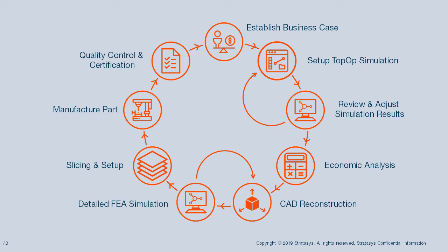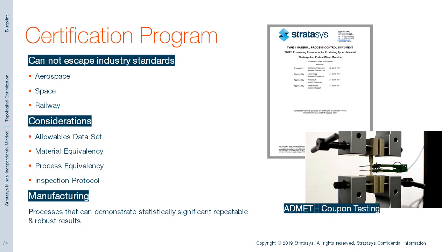Before we go any further, however, we should start this story with a brief look at quality control and certification, because for many industries, without this, no matter how optimized your design, if you don't have this kind of documentation, you're going nowhere. Industries such as aerospace, the space sector, or the railways are quite rightly extremely tightly regulated in their operational processes to protect the people trusting them with their lives.